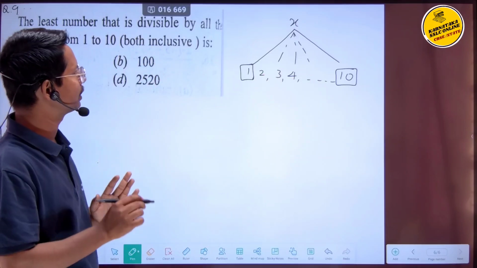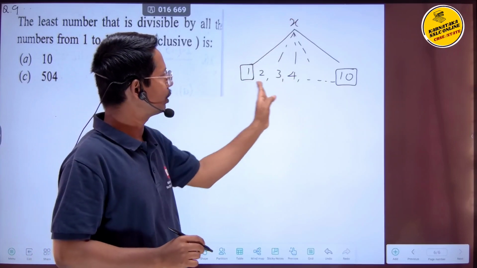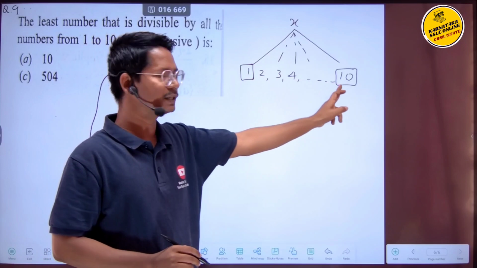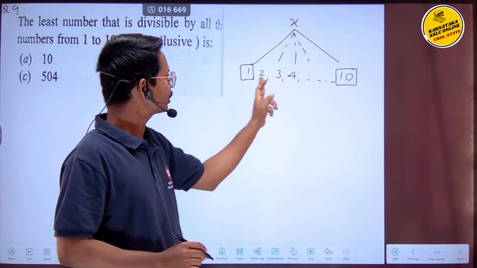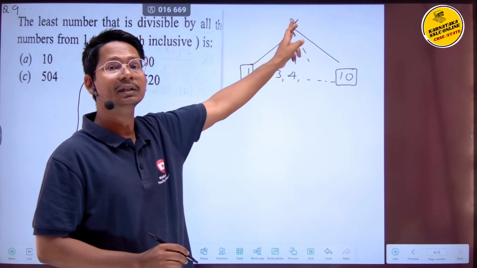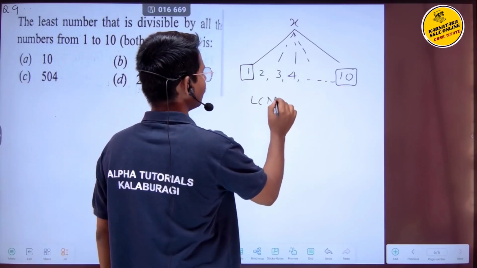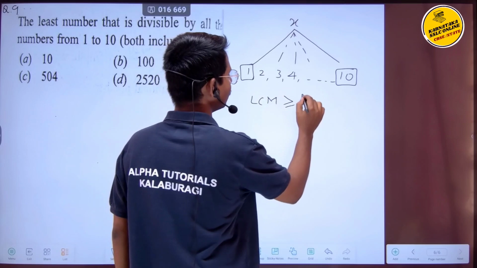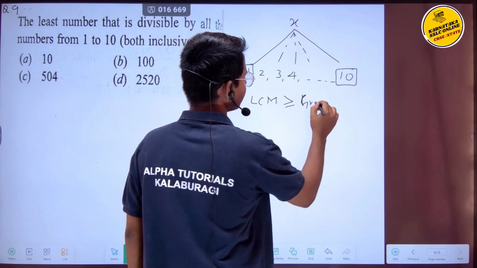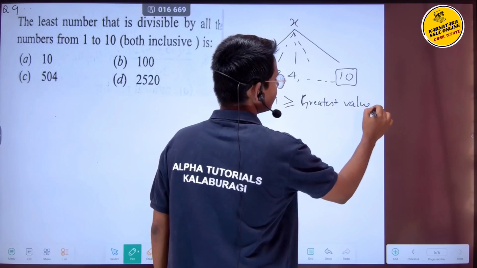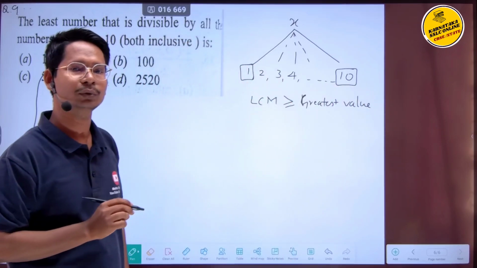Now think, when this number is divisible by all these, then this number should be more than these factors. More than these factors means you need to find the LCM, because we know LCM will always be greater than or equal to the greatest value, as in HCF it is less than or equal to the lowest value.